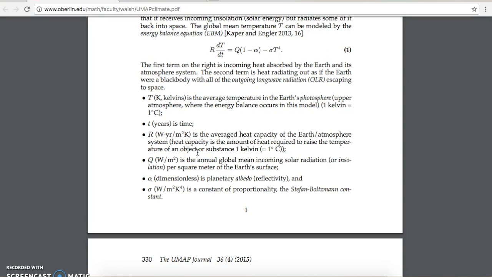And then Q is the solar radiation incident on the Earth per square meter, and that's in watts per meter squared. Alpha doesn't have any dimensions. It's a value used to represent how much potential the Earth has to reflect back solar radiation into the universe. And then omega is watts per meter squared times Kelvin to the fourth, which is the Stefan Boltzmann constant.